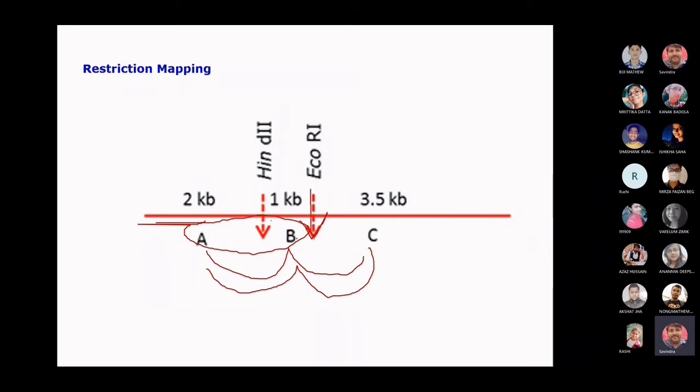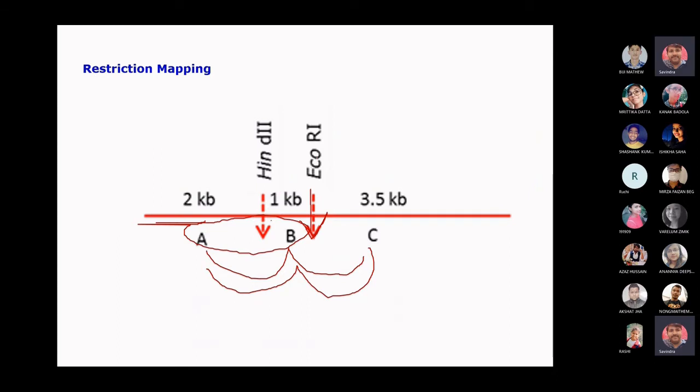What you have done? You have drawn a line of 6.5 kb. Then you mark the different fragment. The correct sequence is ABC. After 2 kb you mark a restriction site. After 1 kb you mark a restriction site, and the remaining is there. But out of these two, which will be the echo R1 and which will be echo hint 2?